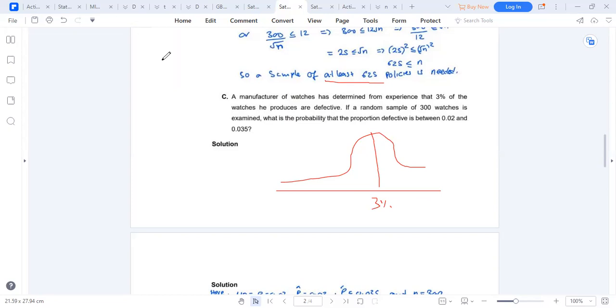Any questions so far? So we are given a sample size. So we need to calculate the what? The standard deviation, the standard error. Are we following?